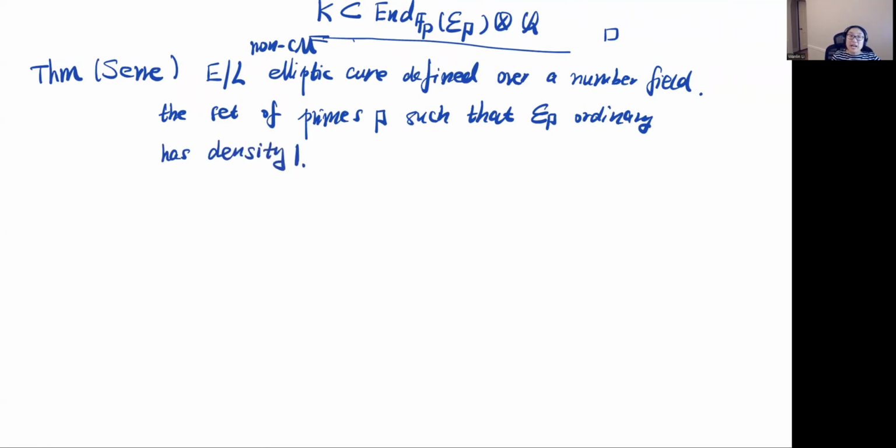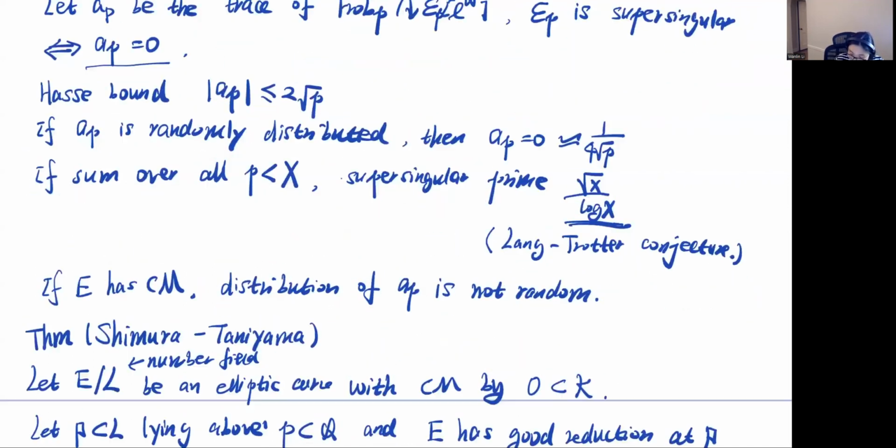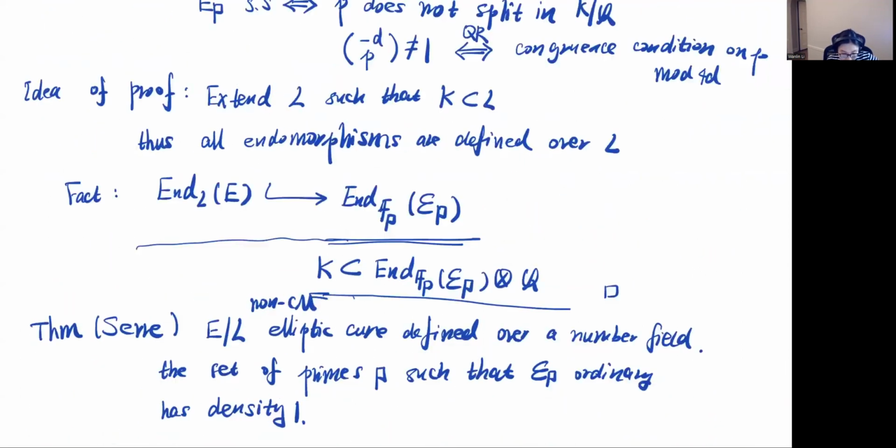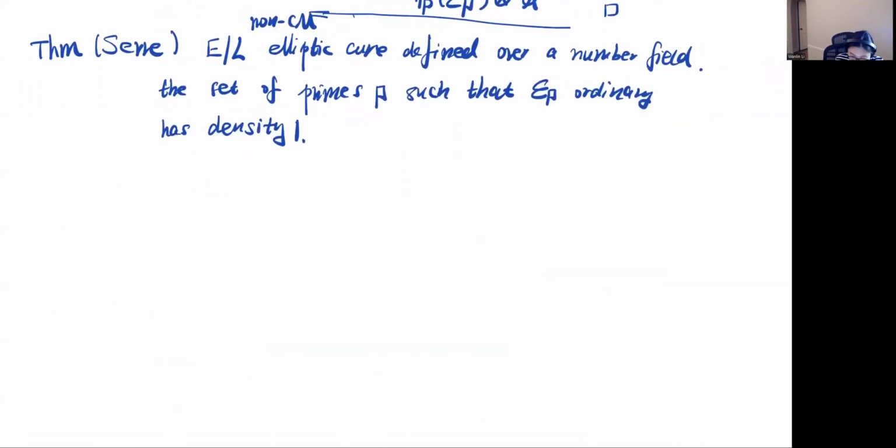In other words, for 100% of the primes, the reduction will be ordinary when the elliptic curve does not have complex multiplication. So it agrees with the heuristic of Lang-Trotter. We currently still don't know the much more refined result. Okay. So what we know is that the set of ordinary primes has density 1.